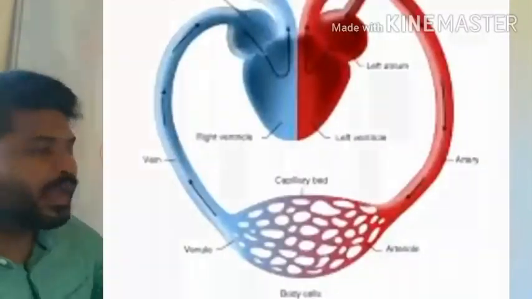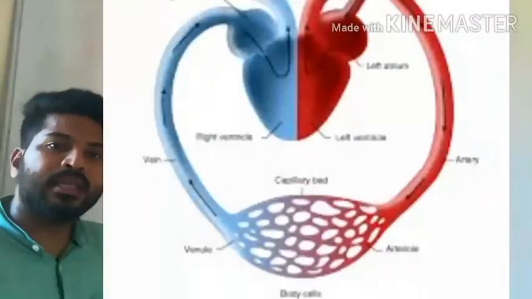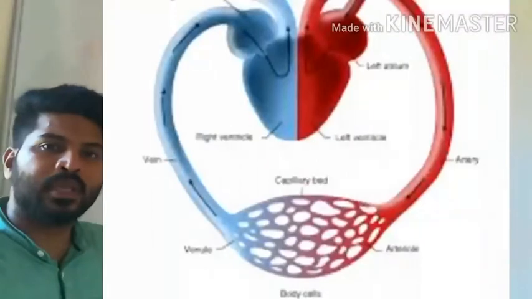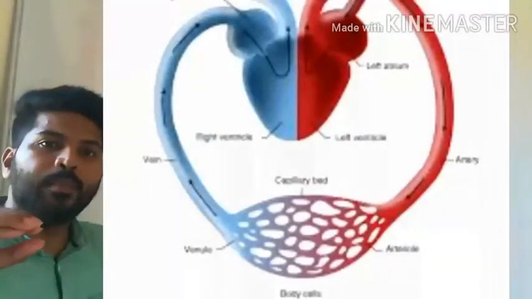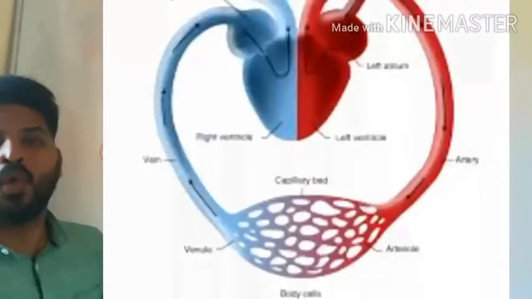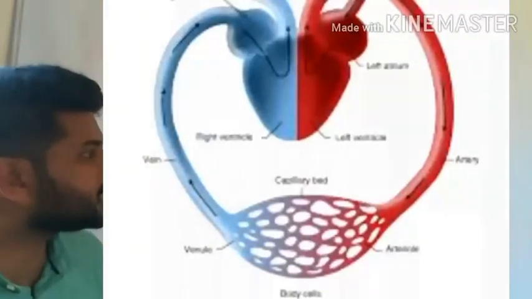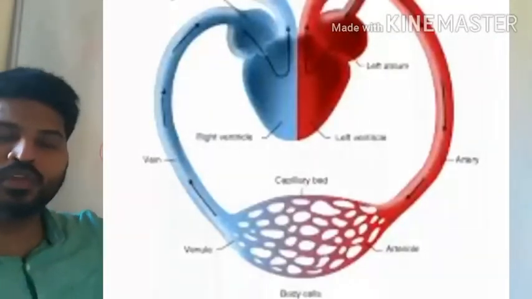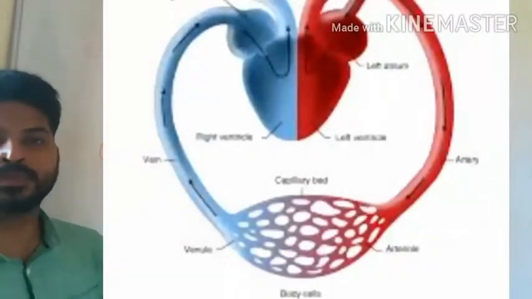Similarly, when veins are present near the organs or the cells, they are found as capillaries. They will then become bigger venules, and the venules will become larger veins. So near the organs and cells, you can find the arteries and veins in the form of capillaries.